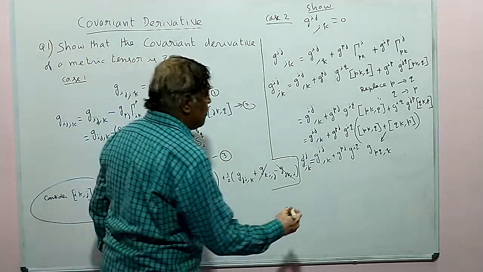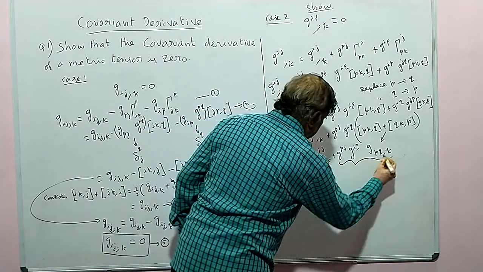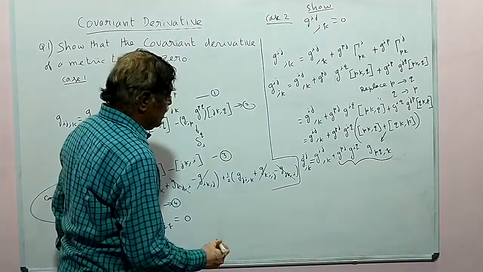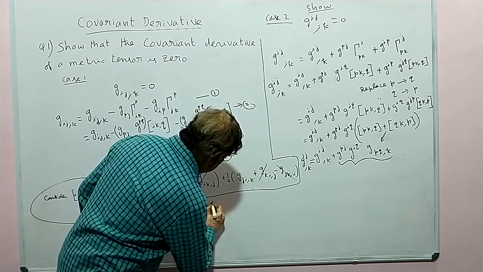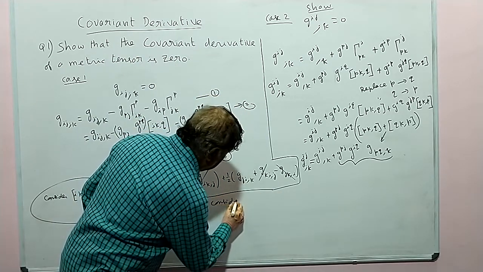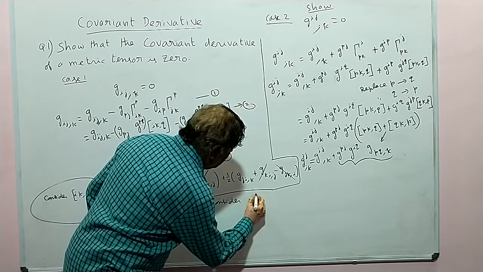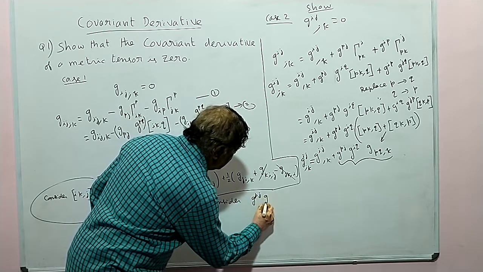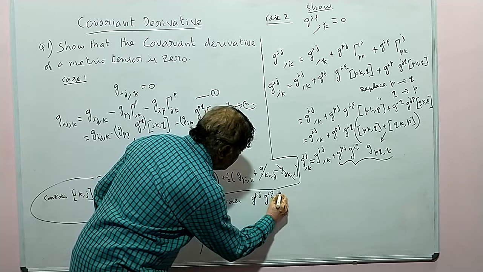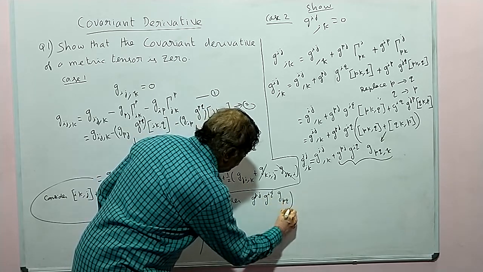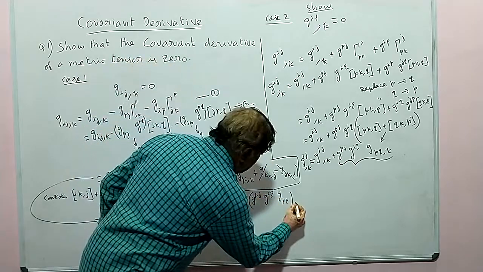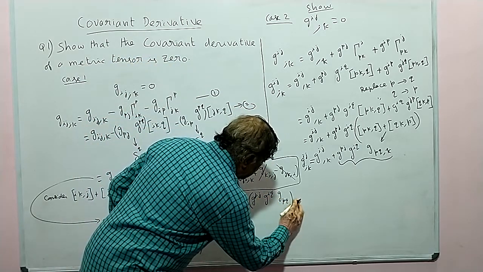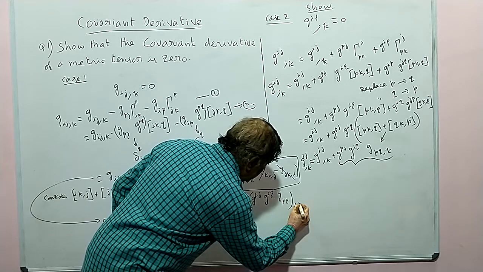Now let us evaluate this expression. In order to evaluate it, you consider the term g^{pj} g^{iq} g_{pq}, and you take the whole term and find the normal derivative with respect to k.